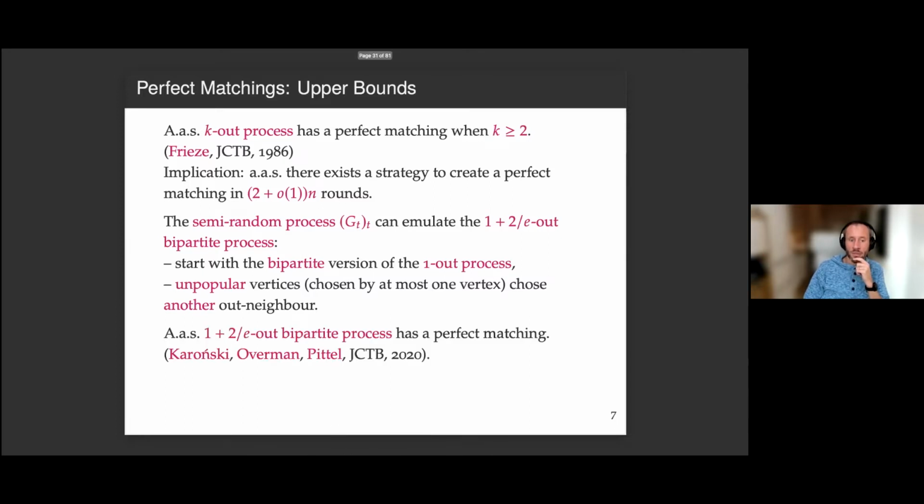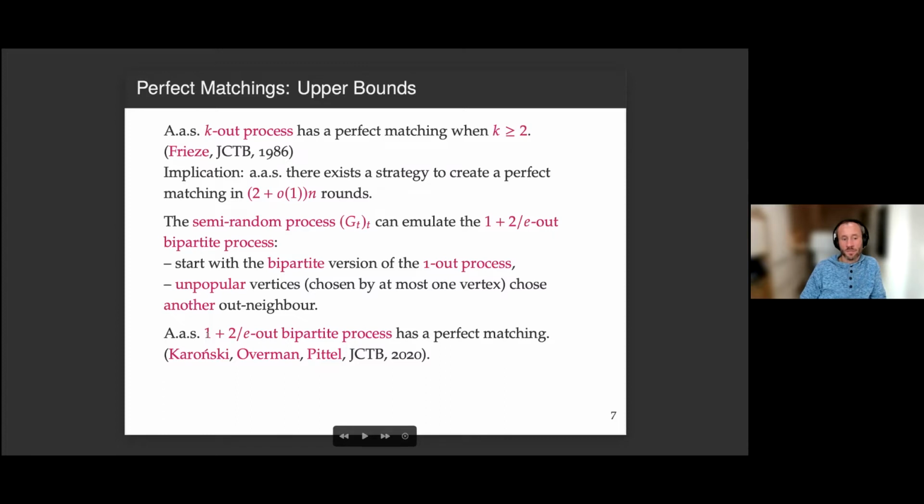So that's the process, and it's known that this process has a perfect matching, and of course it's a little bit sparser than the 2-out process, because how many edges do we have? Well, not 2n, but 1 plus 2 over e, which is less than 2 edges. In fact, this is a little story, but if you start Googling, don't be surprised.